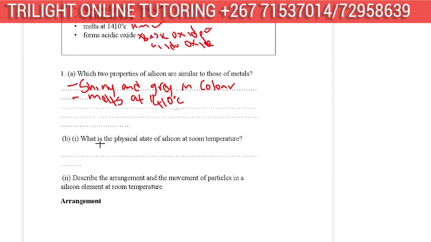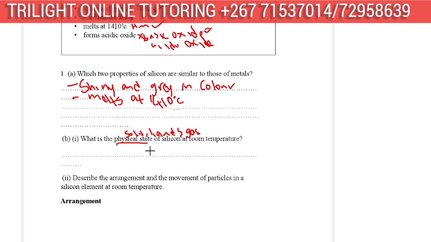B says, what is the physical state of silicon at room temperature? Silicon mostly exists as silicate and it is solid. They're asking you about physical state. Remember, we have solid, liquid, and gas.